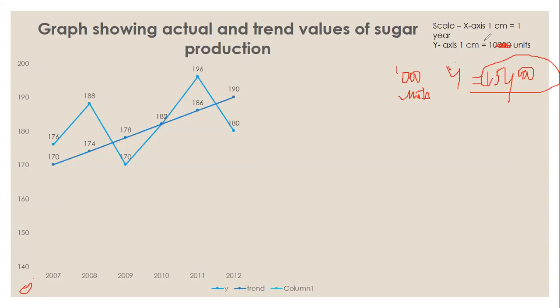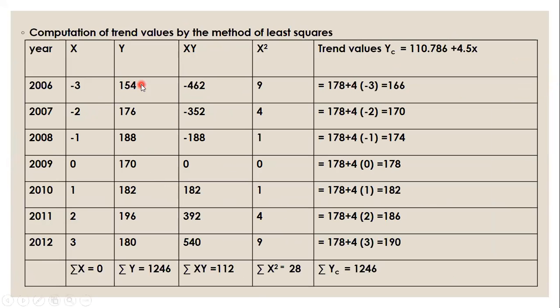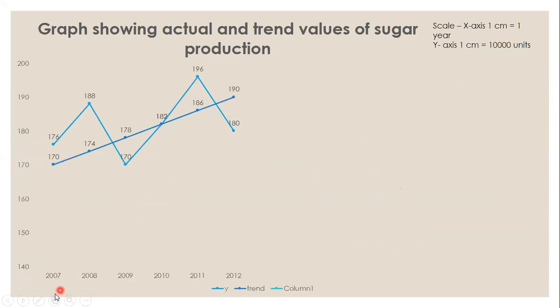Clear? And then draw the graph. Draw the graph required for it. If you see, you have 154, 176, 188, 170, 182 and all that. So draw the graph. I think it has considered from 2007.